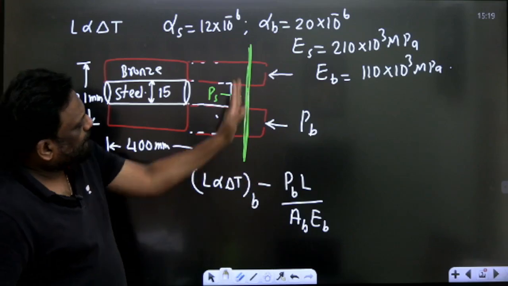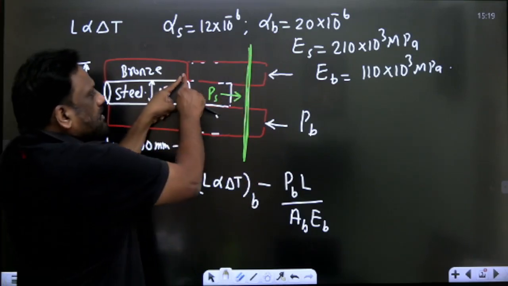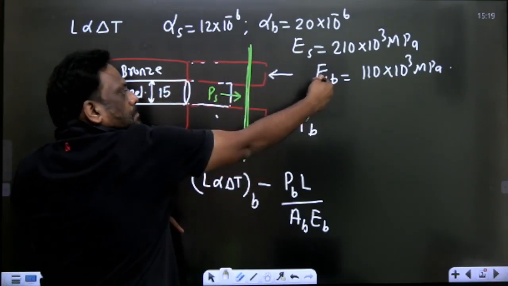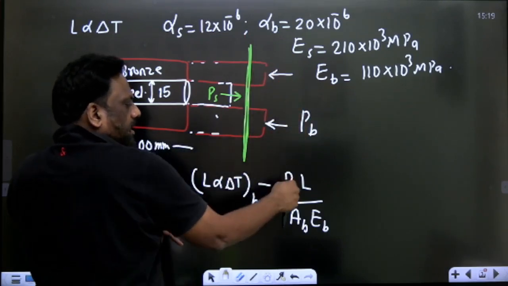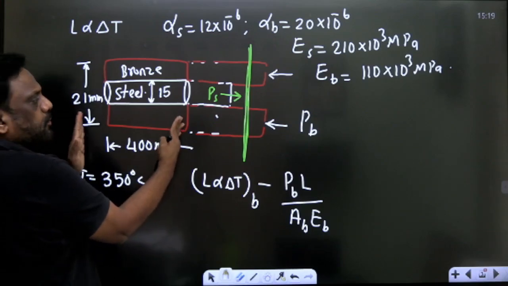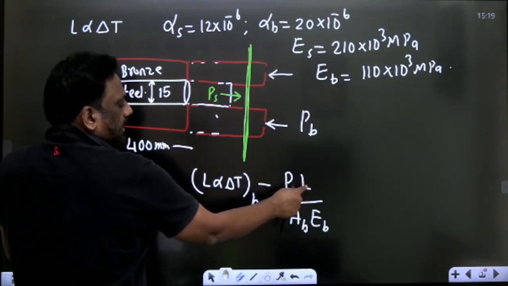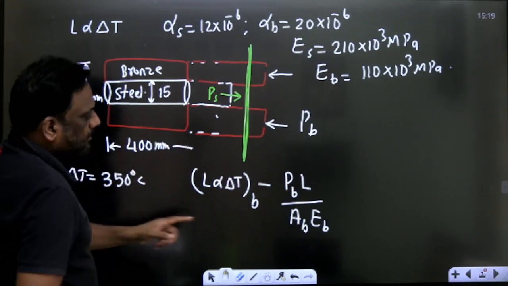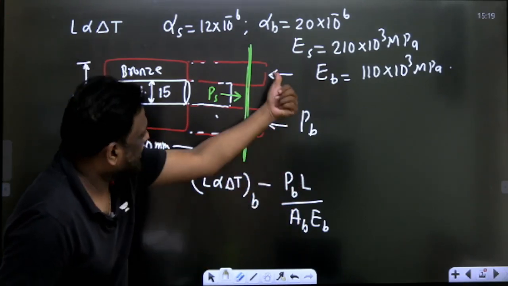So the net final position of the bronze is the total free expansion L alpha delta T minus the compressive force PB L by A E. As the lengths of both are the same, I am not writing LB or LS. That is the actual compression.